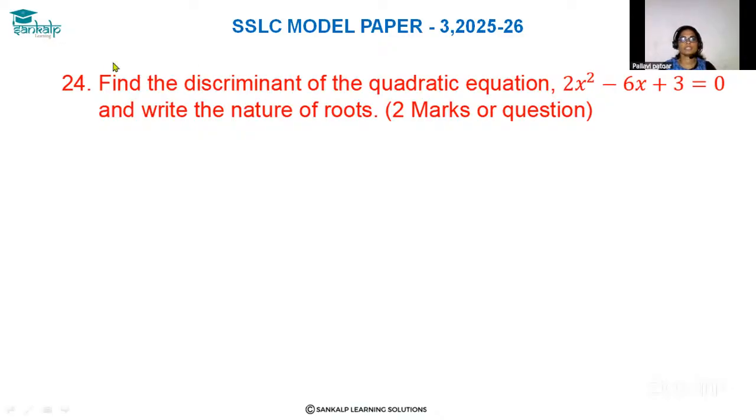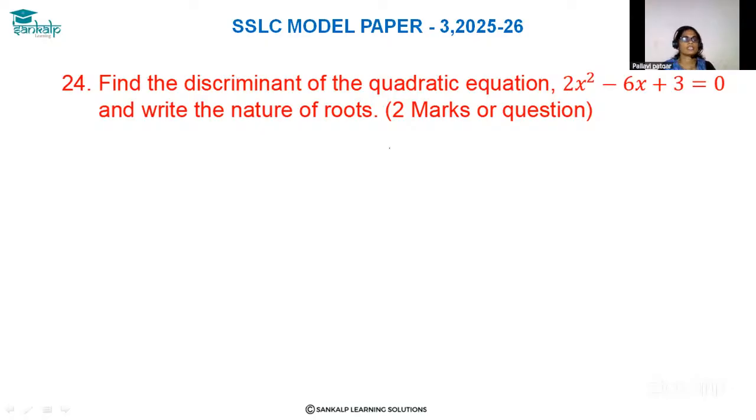Hello everyone. Look at question number 24. Find the discriminant of the quadratic equation 2x square minus 6x plus 3 is equal to 0 and write the nature of roots. Okay.